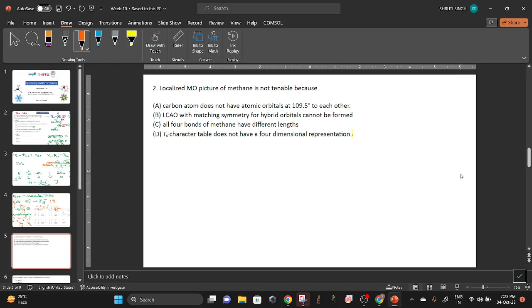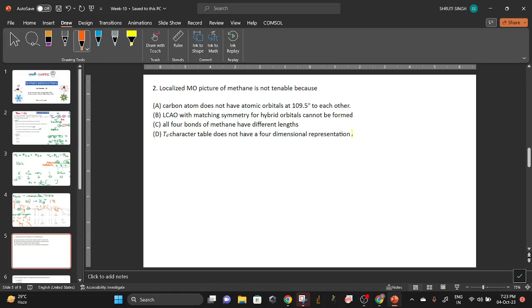Localized MO picture means that the atomic orbitals which contribute to one bond are fixed. But the delocalized MO picture is that the electron density, so the atomic orbitals forming all the bonds, have an equal contribution.